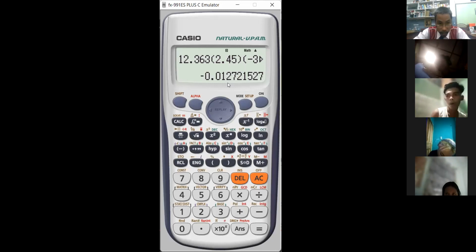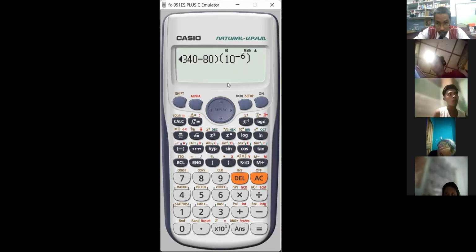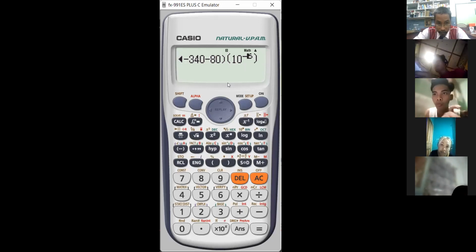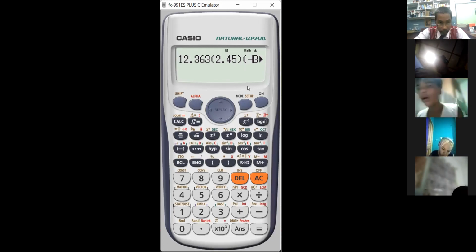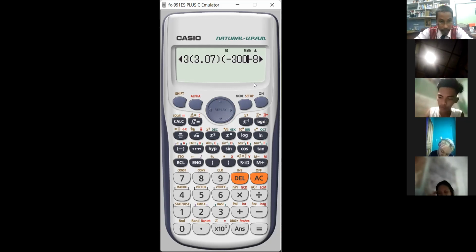You just have to use this function, return, so it will return to that. You just have to change this one. This is now negative 300 degree Fahrenheit, and also this one would become 3.07. So for the second line, we have what?